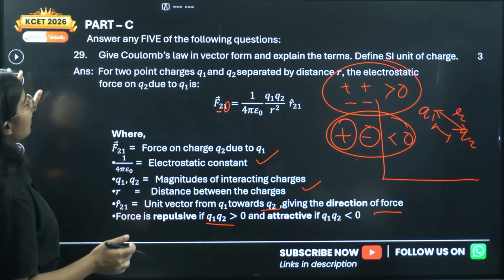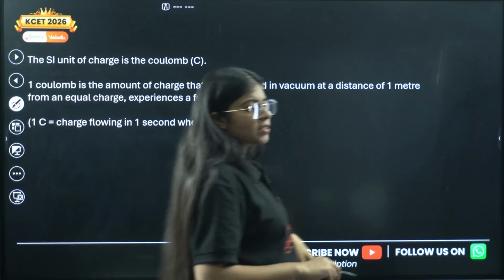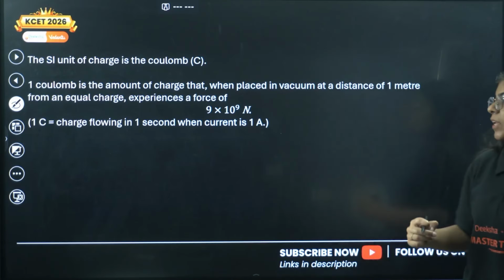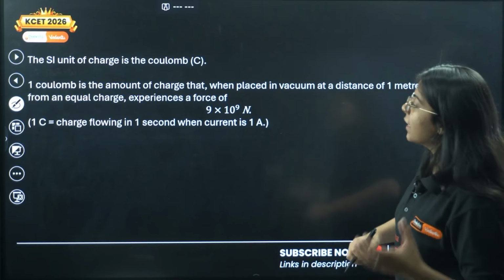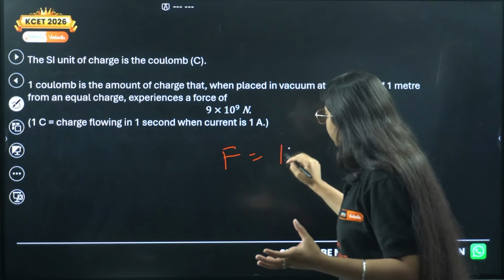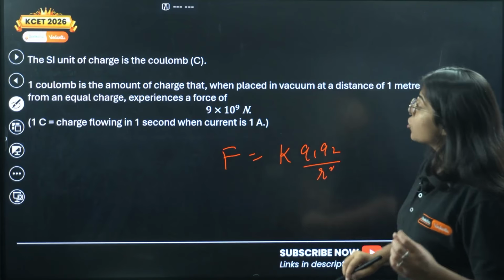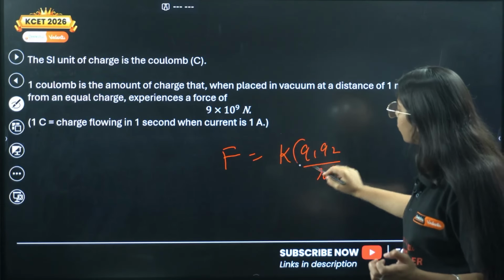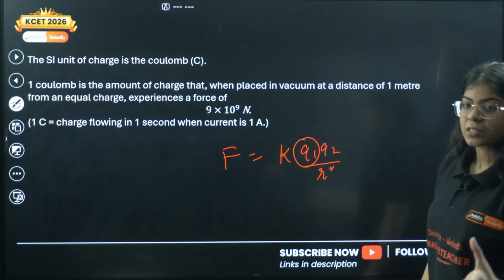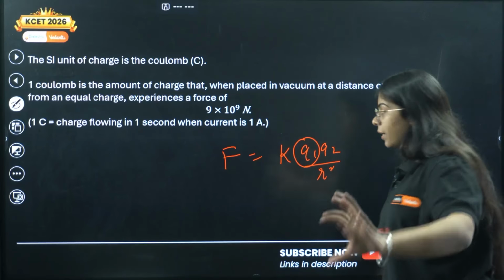We still have to define the SI unit of charge. The SI unit of charge is Coulomb, simply, but we can also define that 1 Coulomb is the amount of charge in our Q1 Q2 divided by R square. So 1 Coulomb is the amount of charge that, when placed in vacuum (why vacuum?